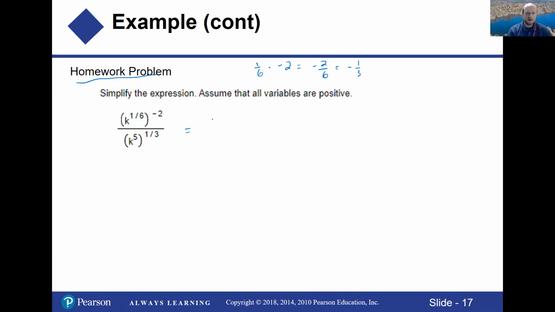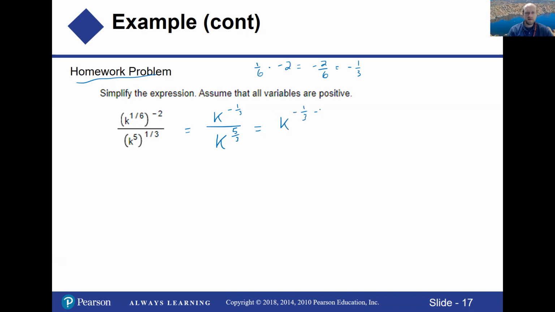So this top part here is k to the -1/3, and then I would have k to the 5th times 1/3. 5 times 1/3 is simply 5/3. And now what I can do is use property, let's see, 4, which is the quotient rule, to subtract.